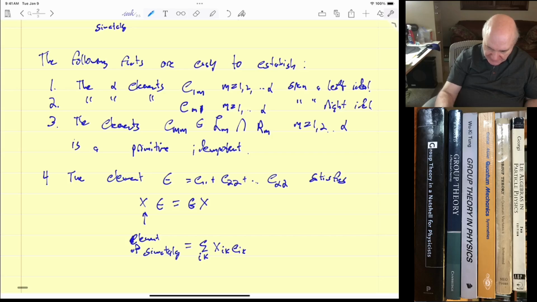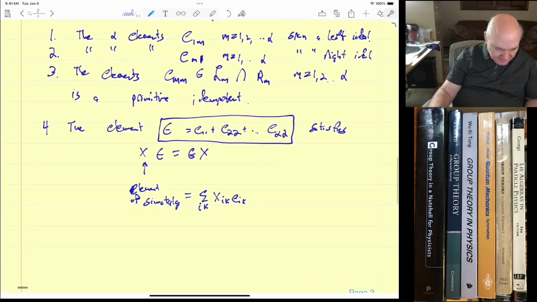So this special element here commutes with every element of the simple matrix algebra, and so that's nice. And so this element is an idempotent, but it is not primitive.